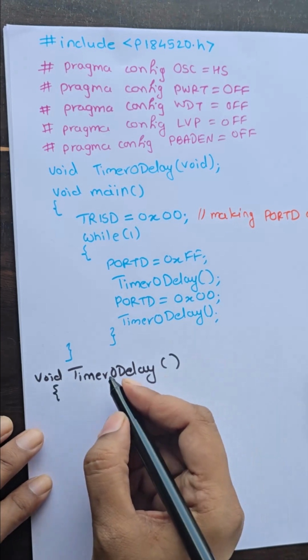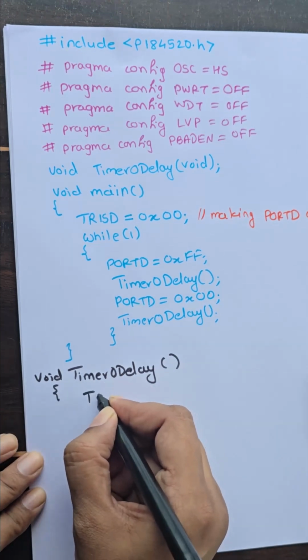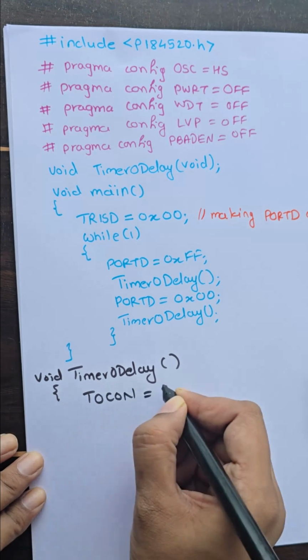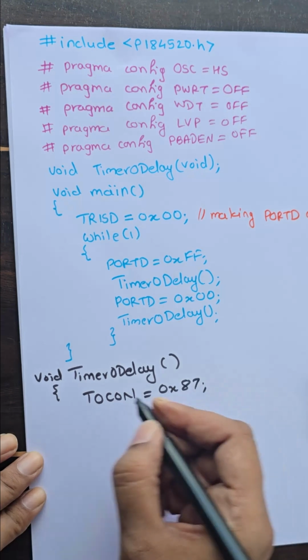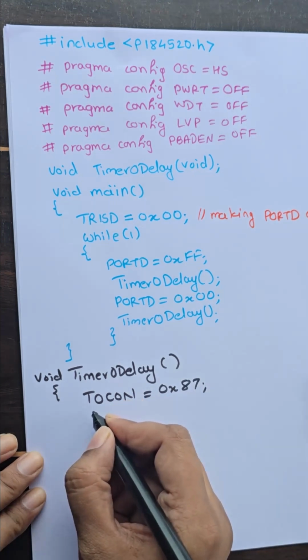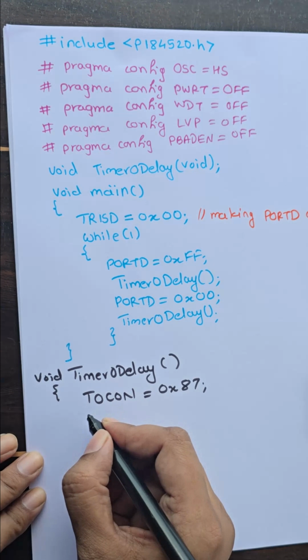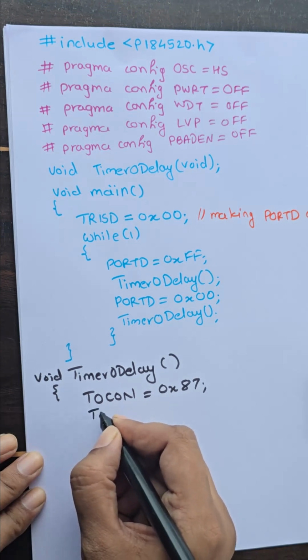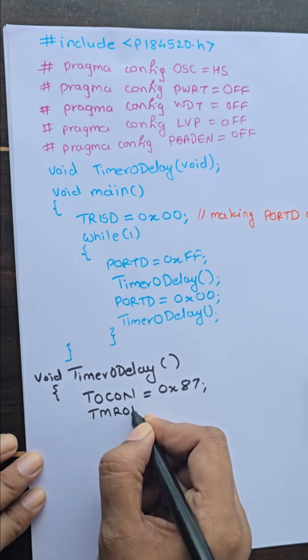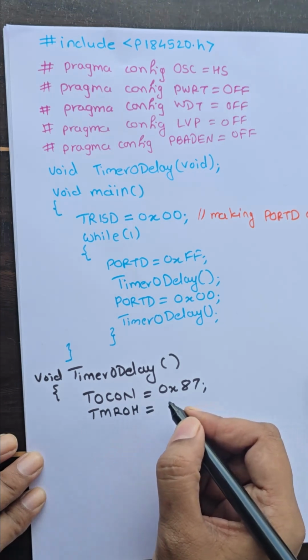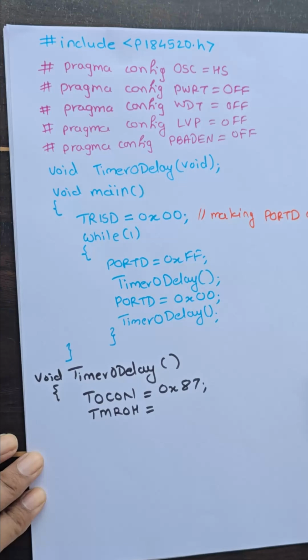Inside this function definition, first we configure T0CON with the value of 0x87. Then we will load the timer with its initial value, which we have just now calculated: TMR0H will be loaded with the value of 0xB3.